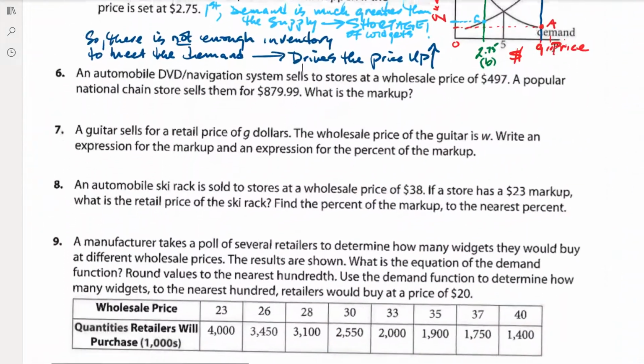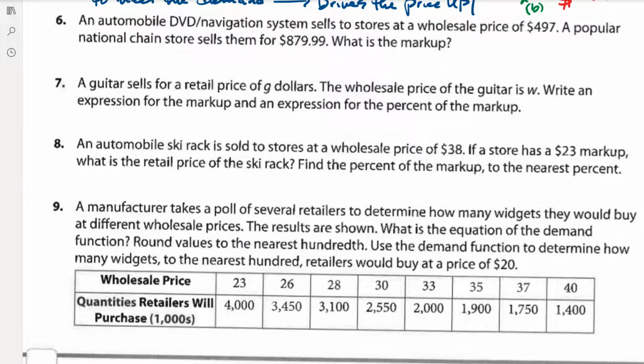So let's go ahead and write that down. Key concept number 3 today, in red. The markup is equal to the retail price, which is what we're given here, minus the wholesale price.